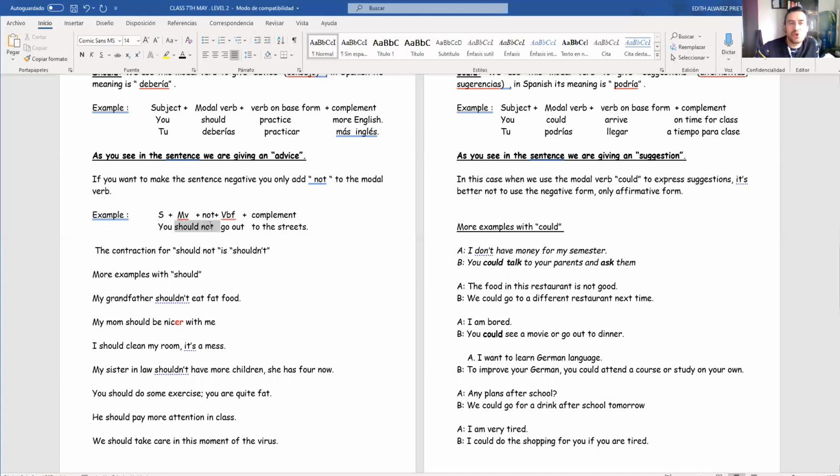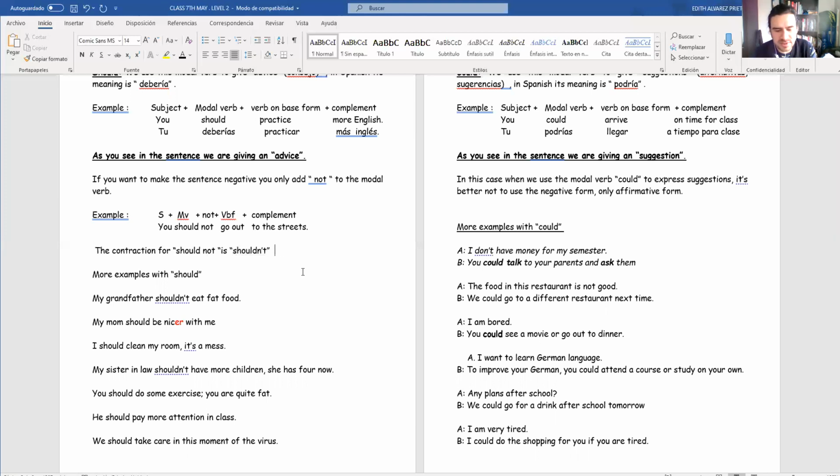Entonces sería, you should not, será la negación, no deberías, tú no deberías, you should not go out, salir, go out a la calle. You should not go out to the streets, okay? Advice, consejo, ¿listo? Okay? The contraction for should not is shouldn't.